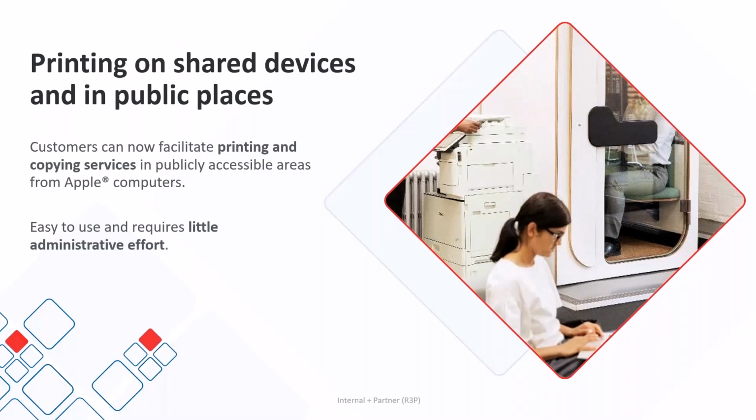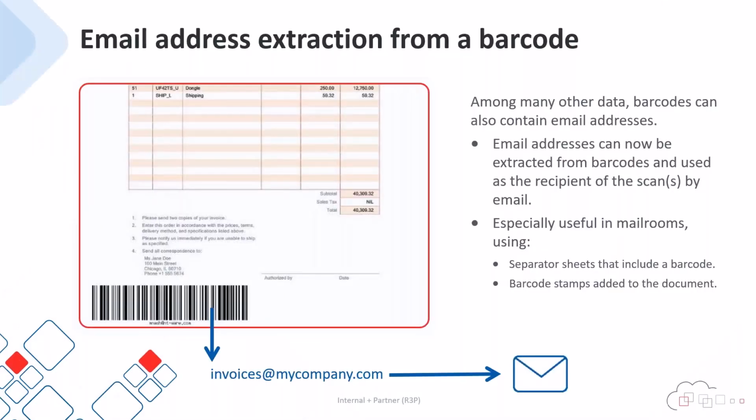So now let's move from public printing to a feature that makes mailroom workflows a little bit smarter, which is email address extraction from barcodes. Barcodes can carry more than just certain types of IDs or metadata. They can include email addresses.